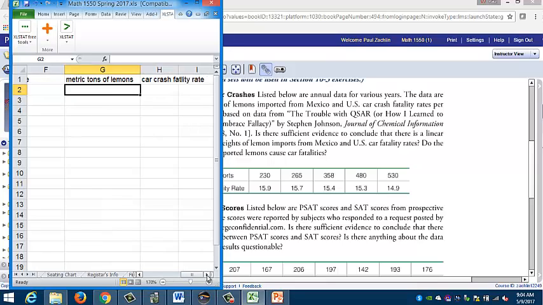So one year we imported 230 metric tons of lemons, and the car crash fatality rate was 15.9%. And then we got more lemons, 265, and we were at 15.7. Then 358, and there's 15.4.